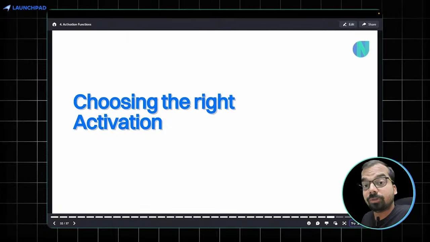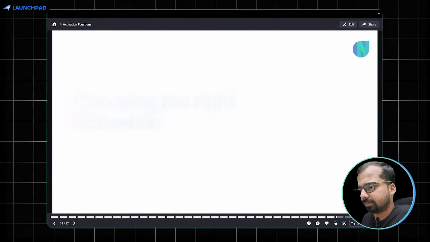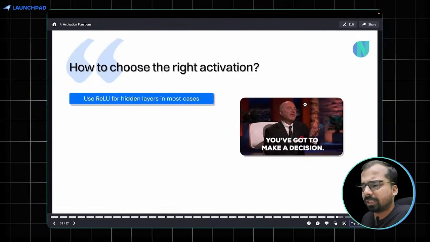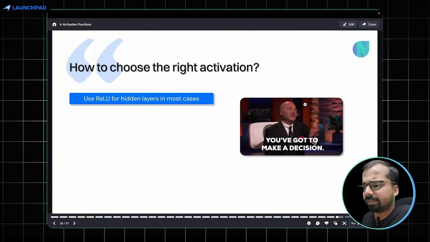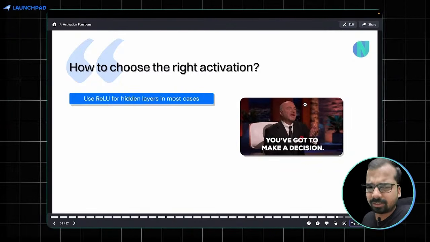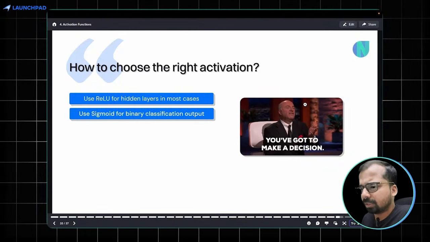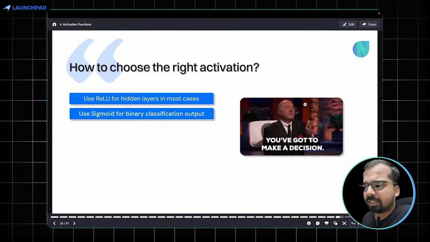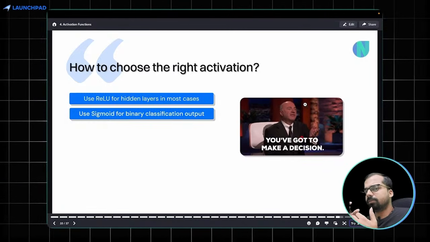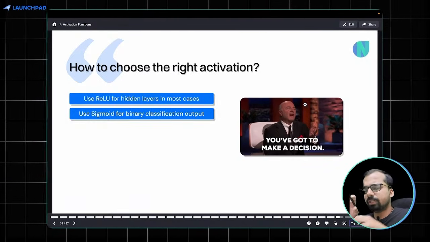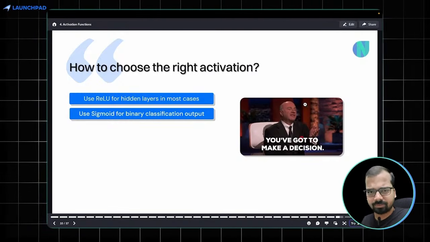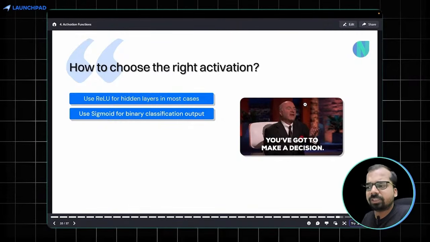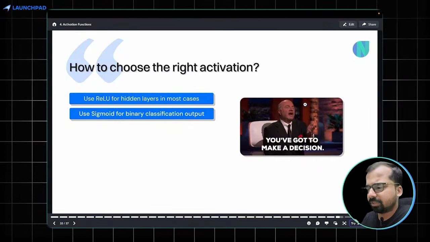So how do you choose the right activation function? There are certain rules of thumb. If you have hidden layers, it's generally preferred to use ReLU or leaky ReLU. If you have binary classification output, when you have to classify between two objects, cat versus dog, male versus female, then you will use sigmoid as the activation function in the last layer.